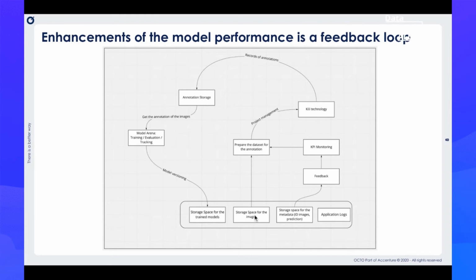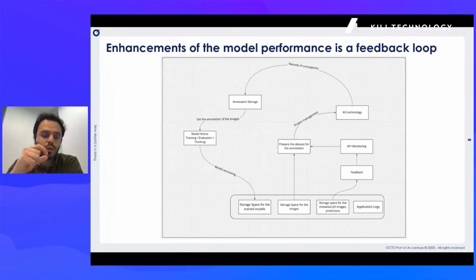We send the annotation with the images to another block that is called here the model arena. We called it model arena because we train a lot of models, and we compare the performance of a lot of models on different sets of data.